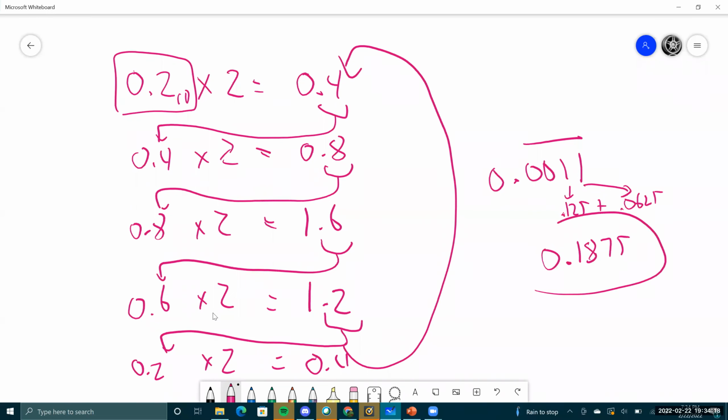So notice that if I use 4 bits, I can't represent 0.2 in 4 bits. Using 4 bits, this is as close to 0.2 as I'm going to get. All right, so this is going to be an issue, especially if you're dealing with money, right? Because each time you encode 20 cents, you just lost like 1.25 cents, which is no good.